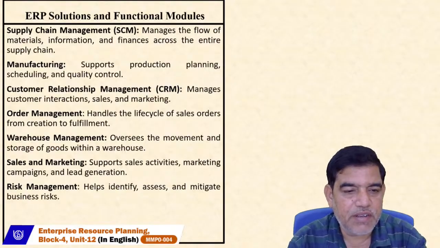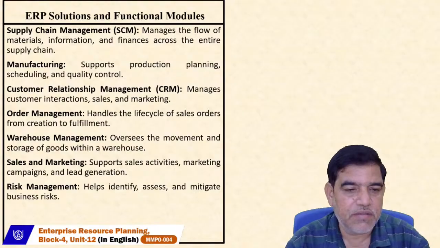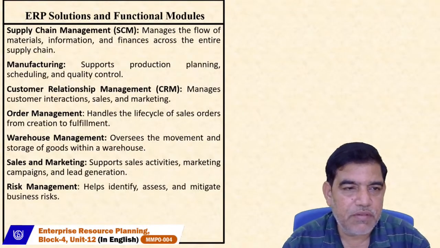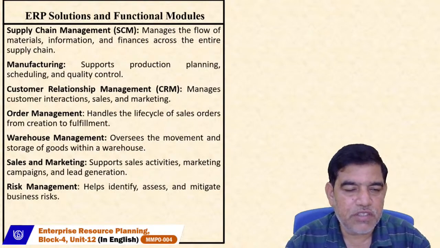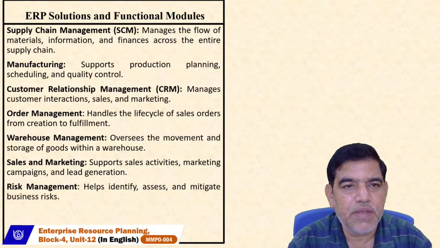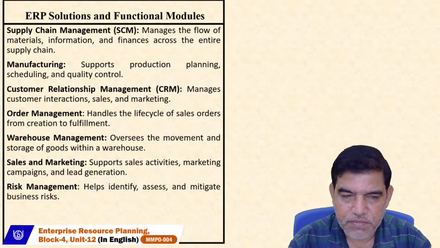Then risk management helps identify, assess, and mitigate business risk. So what are the risks that may become predictable, and we need to reduce the risk. So these are the benefits of the ERP evolution in the present scenario.